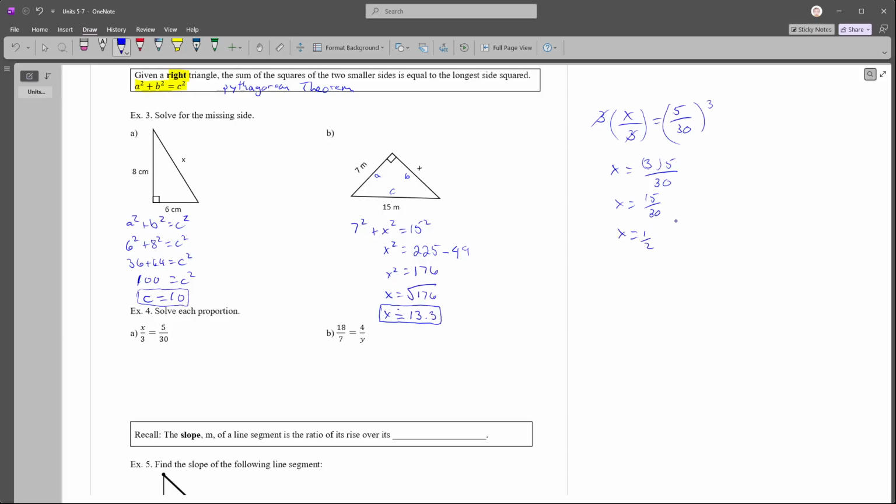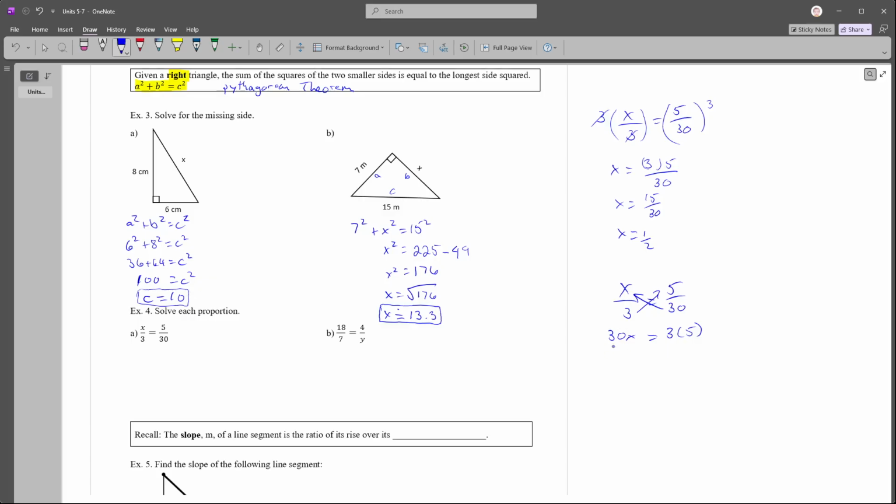Now, this is great when the numbers work out nice and neat like this, but they're not always going to work out nice and neat. So another strategy that we use is called cross multiplying. So if I have x over 3 is equal to 5 over 30, without thinking about it, I'm going to have my left side equal to 30x, and my right side is going to be equal to 3 times 5.